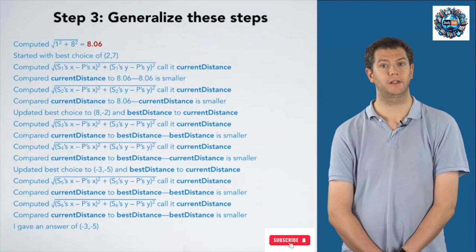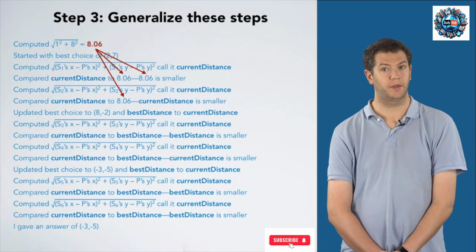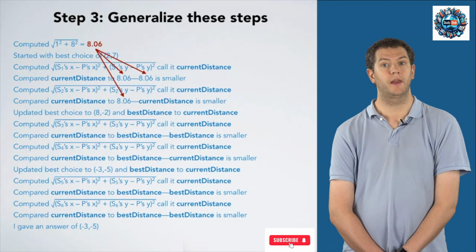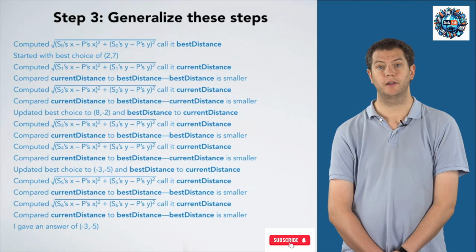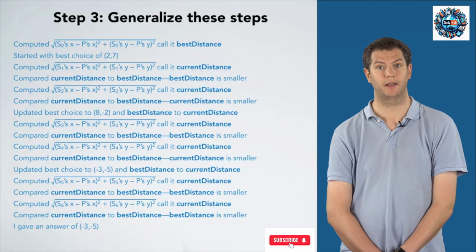Let's look at the first 8.06 we compute, and consider the other places it occurs. The computation can be achieved like the others using S0. Since this is our first computation, it might as well be the best so far. Then we can replace the other instance with best distance, making the steps match.